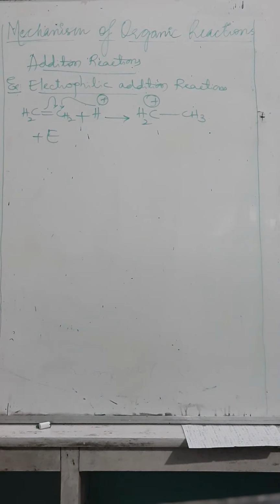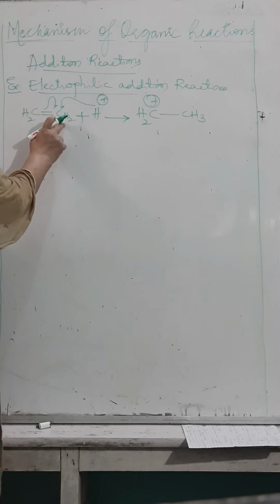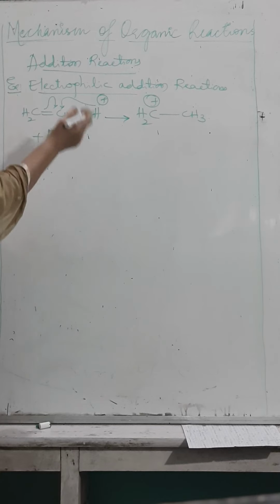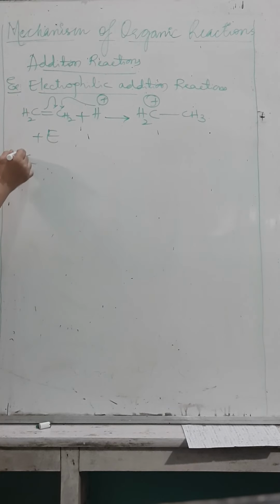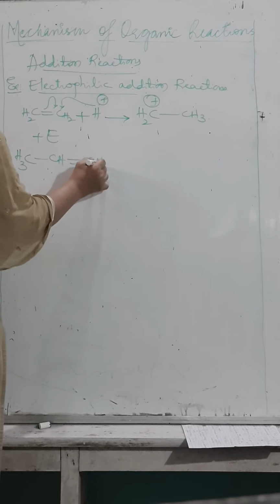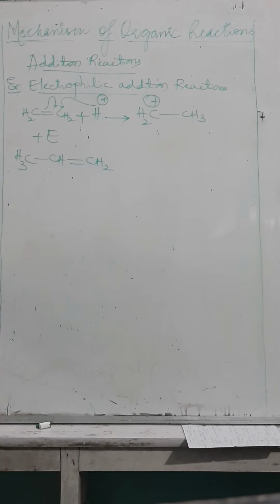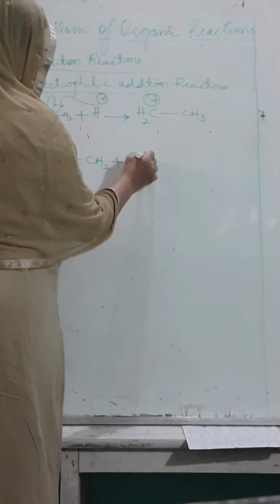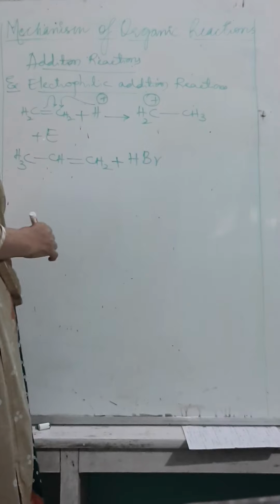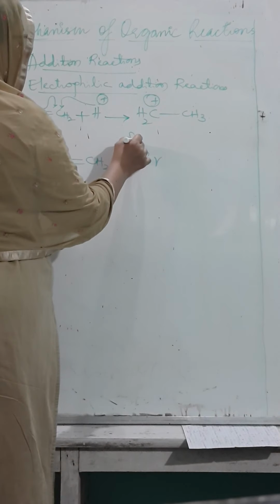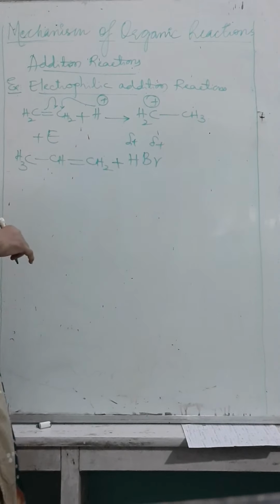CH3. In the same way, instead of a symmetrical alkene, if I take an unsymmetrical alkene, CH3, CH, double bond CH2, and add HBr, the first year example, H plus Br minus.